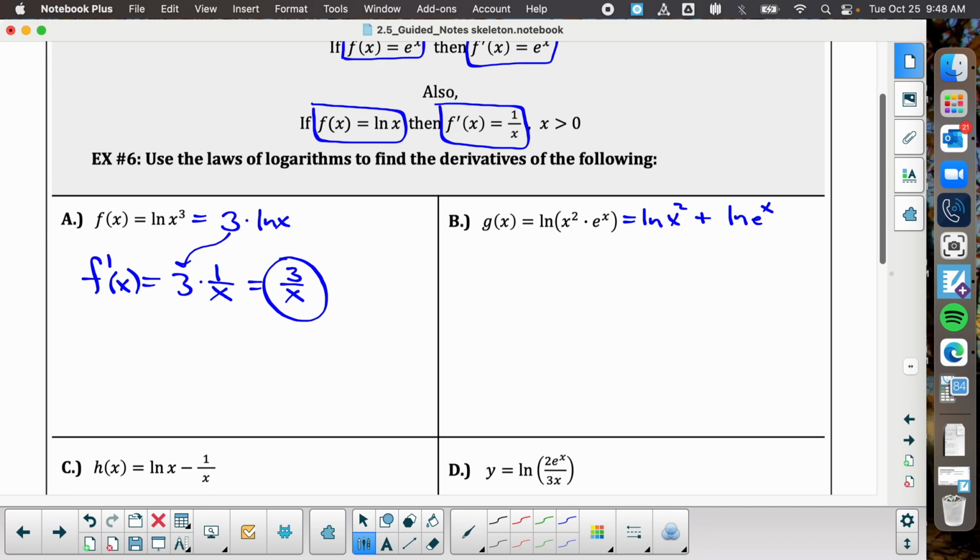And then we're going to try to simplify all these before we actually do derivatives. So you'll notice both of these have an exponent on it. So both of these, I'm going to bring the exponent out front. I haven't even done a derivative yet. I'm just trying to rewrite the original one simply. So this would be 2 ln of x plus x ln of e.